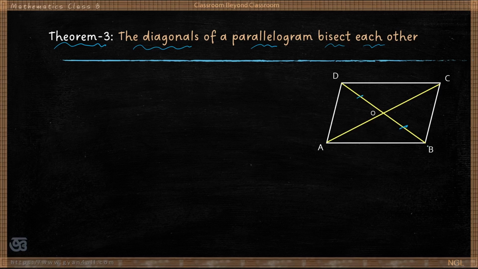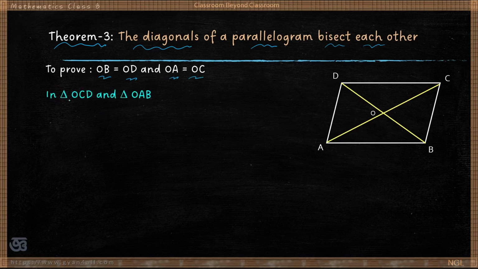That means BD is bisected by AC. Again, we have to prove that OA is equal to OC. That means AC is bisected by DB. So let us see how we can prove this. So we have to prove that OB is equal to OD and OA is equal to OC.